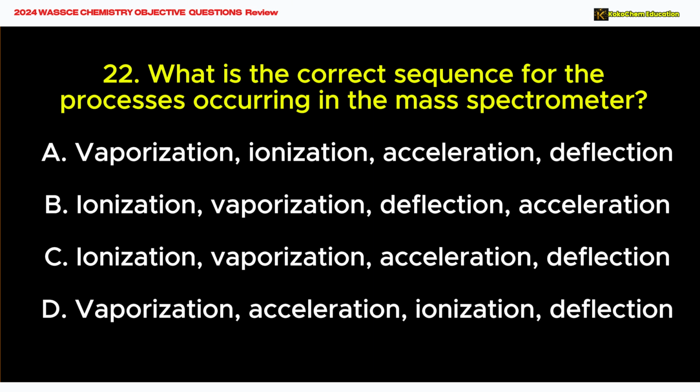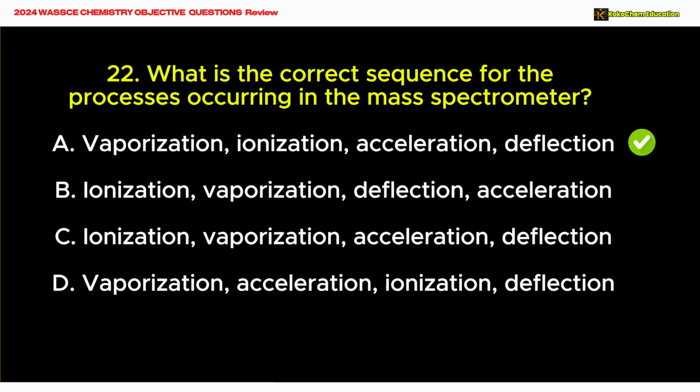D. Vaporization, acceleration, ionization, deflection. The correct answer is A. Vaporization, ionization, acceleration, and deflection. Explanation: the correct sequence is vaporization, ionization, acceleration, and deflection. This ensures that the sample is properly ionized and separated for detection.